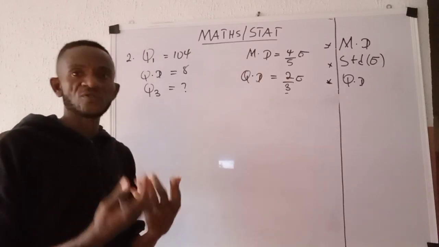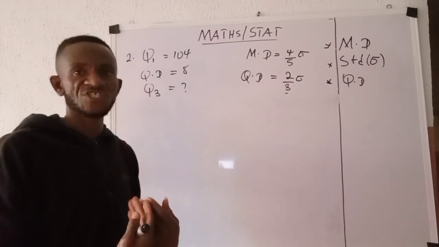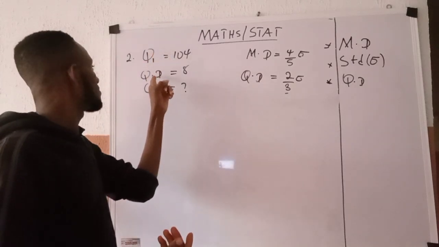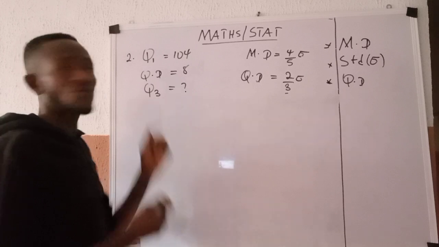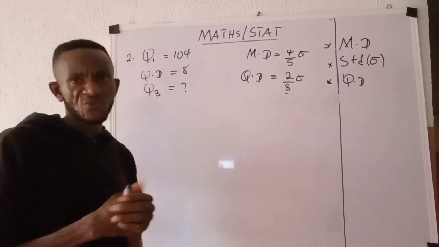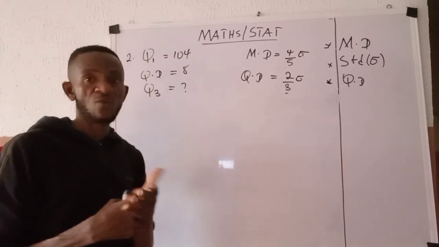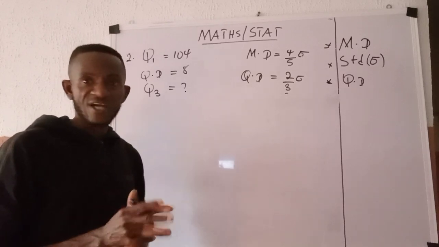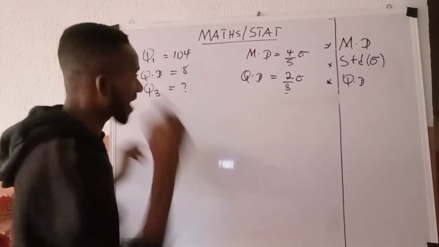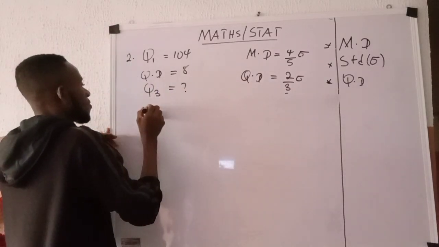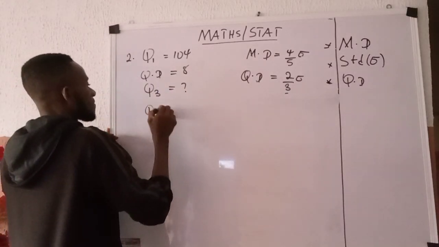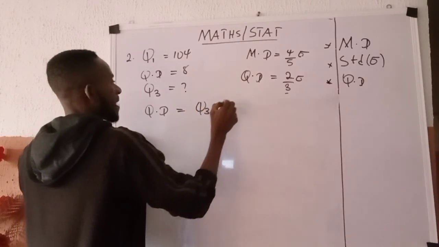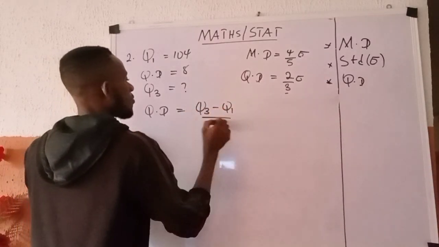So what we are going to do first is look for a relationship between Q1, QD, and Q3. Of course, you know that another name for quartile deviation is semi-interquartile range. And this quartile deviation, QD, is given as Q3 minus Q1, all over 2.